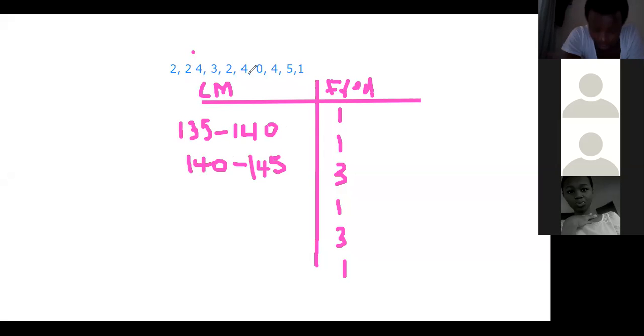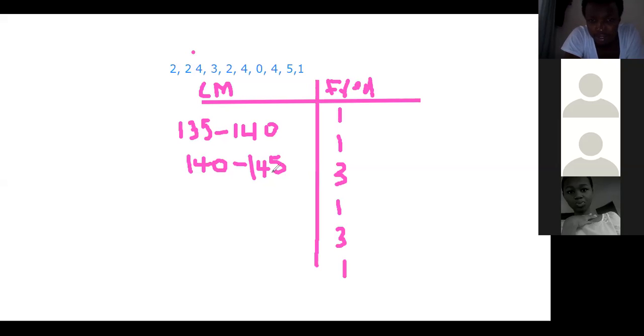Then maybe we are given the values 139, 140, 165, plenty. So the question says that we should put it in a group distribution, and it has given us the first starting point 135 to 140. It also gives us the second one, 140 to 145. Just looking at this, you realize that the interval is 5.